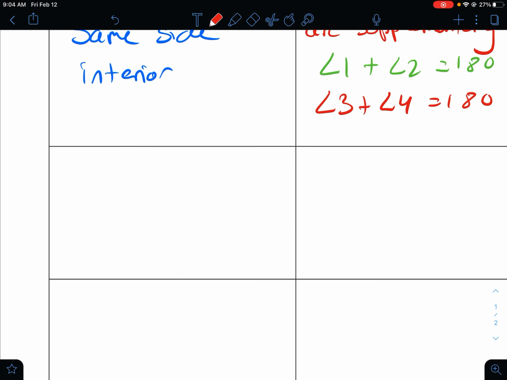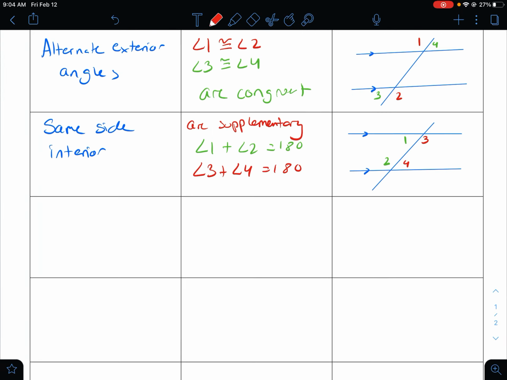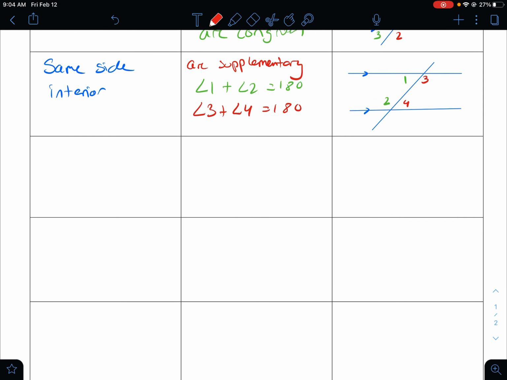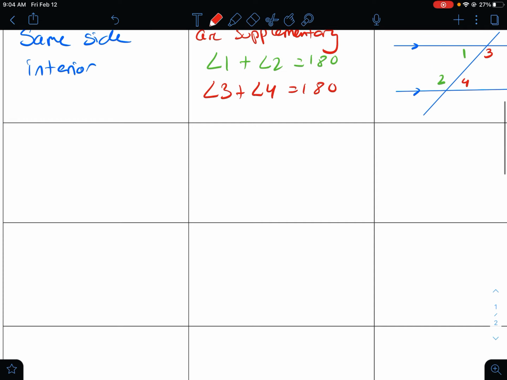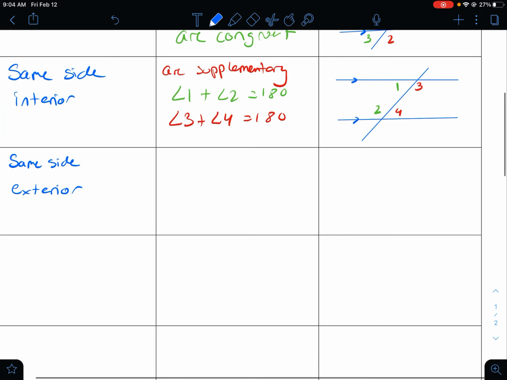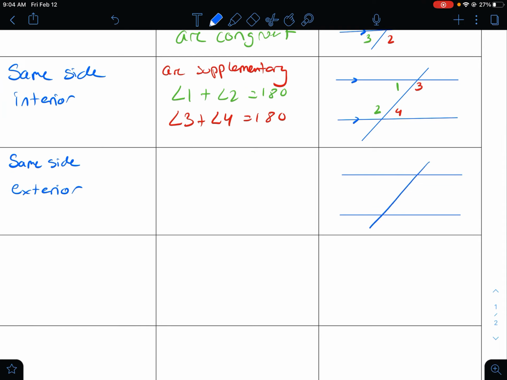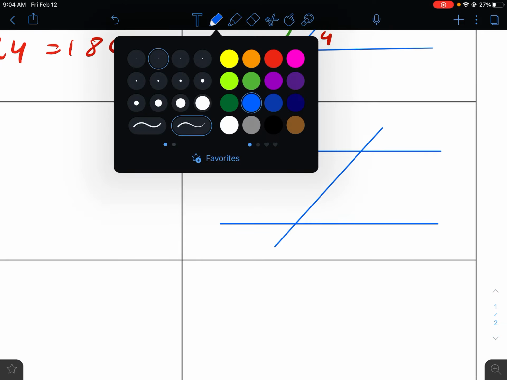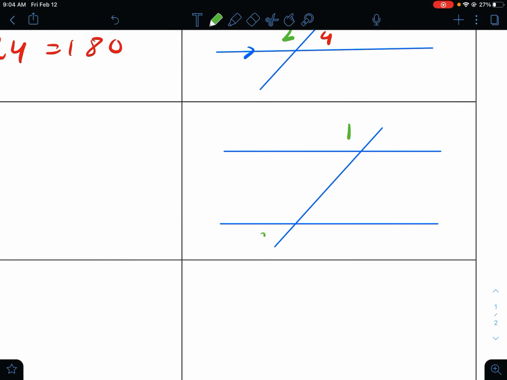Next, we've got same side exterior. All right, we'll draw our picture. Again, we will make them parallel. Draw our transversal. So same side exterior angles. An example of that would be like 1 and 2, or we could say angles 3 and 4.